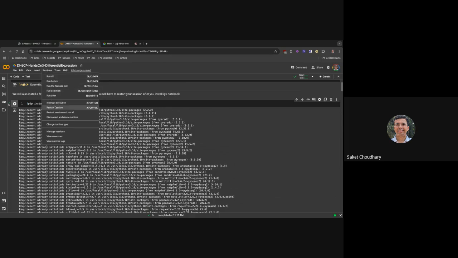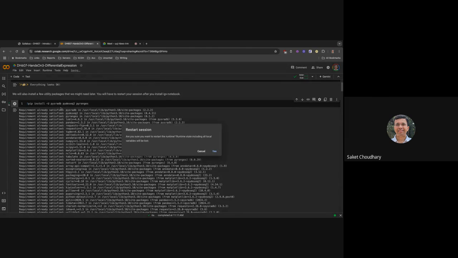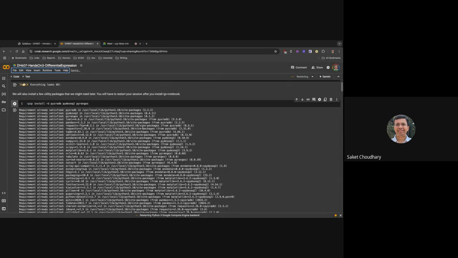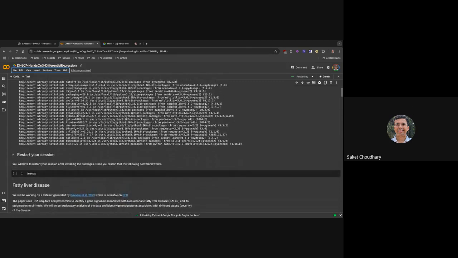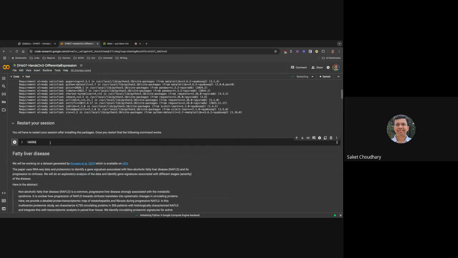I think you'll also get a warning or message that you have to restart your session because some dependency gets updated, which requires everything to be reloaded again. So I'll just restart my session. We're just doing the technical stuff right now. We'll get into the biology in just a bit.